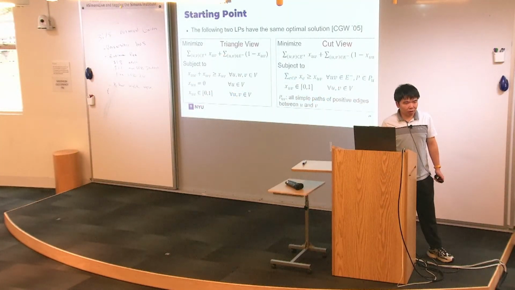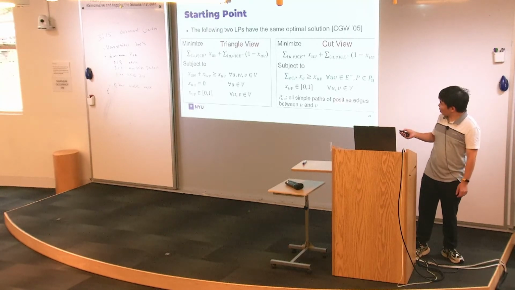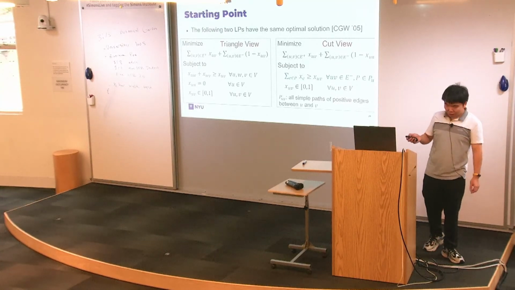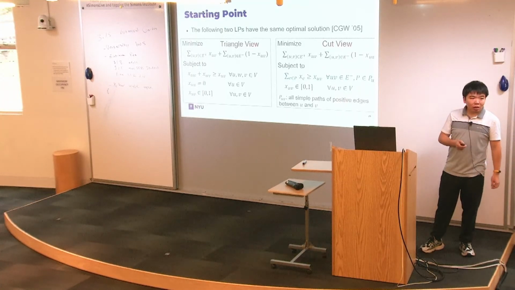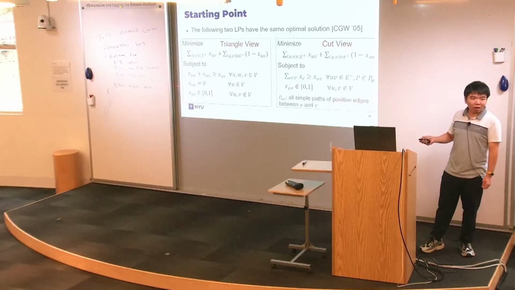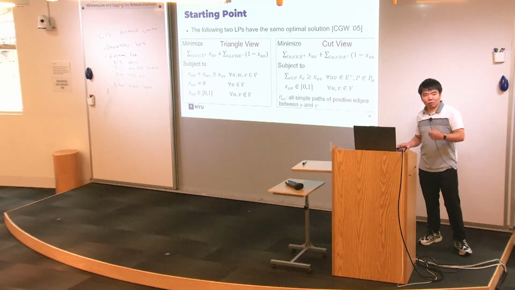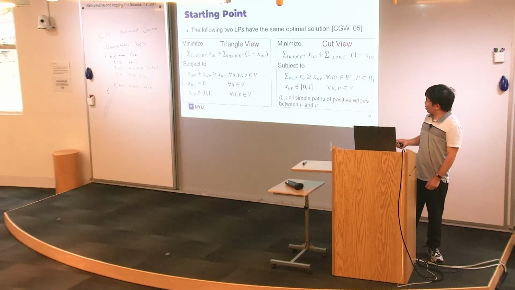Because from the original LP, you were also only interested in the triangles. That's a very good question. More precisely, if we restrict the path to be a length 2 path, then we throw away some triangles here. Oh, you do throw away triangles? Yeah, we do throw away some triangles here. So we lose some approximation. I see.